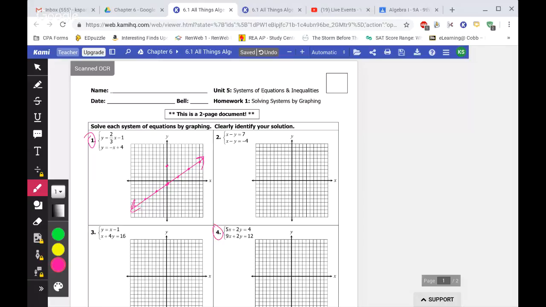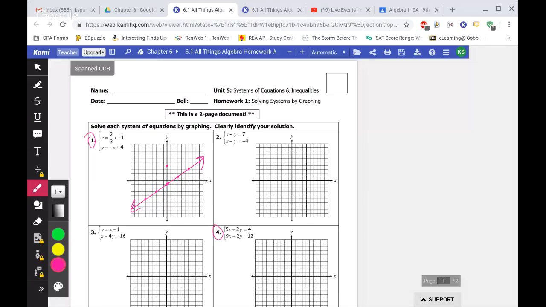Yes, -1/1. And I like the fact that you're remembering that it's a ratio. Good job. So if it's -1/1, that means I'm going to travel in one positive direction and one negative direction. So if I go up 1, I have to go left 1. But if I go down 1, I want to go right 1.